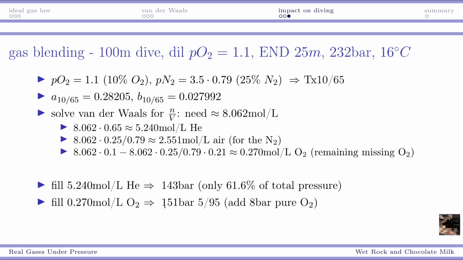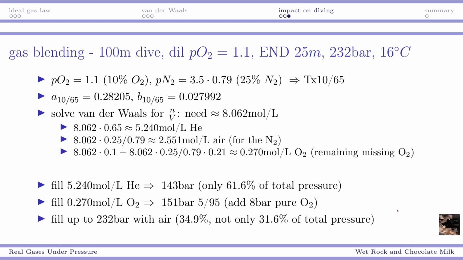Well, that gives us a pressure of 151 bar. We already had 143 of helium, so we stop filling at 151, which means we need to add 8 bar of pure O2 to the cylinder to get us the 151 bar of 595. And finally, we can fill the rest up with air to 232, which gives us the final 1065 mix.